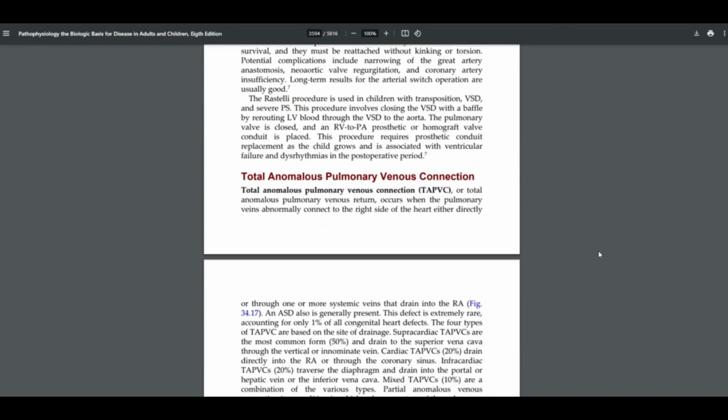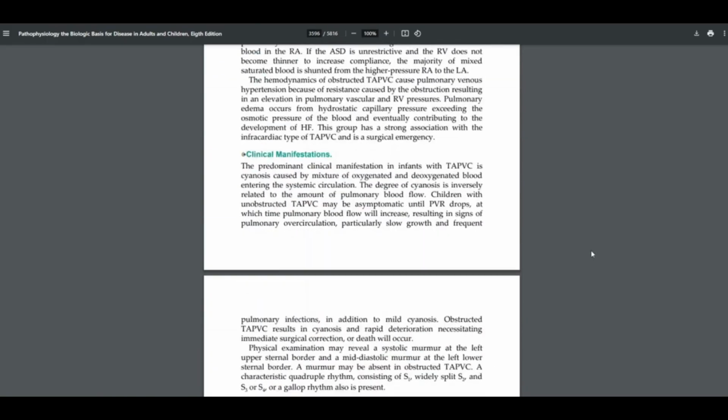This leads us to the total anomalous pulmonary venous connection.